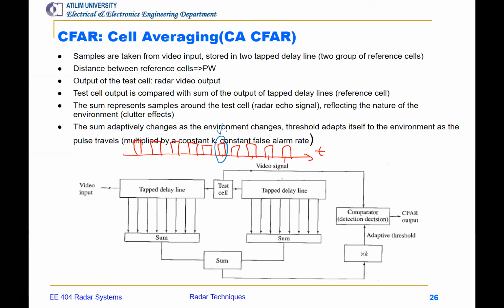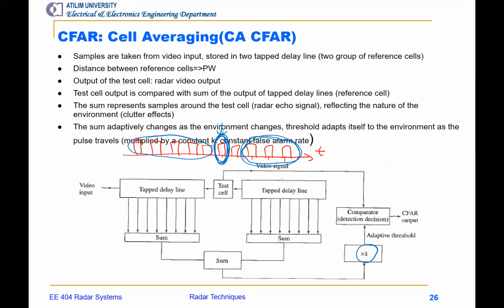In order to make a decision regarding this pulse, I consider all these pulses and these pulses, get their average, and then multiply it by a k factor that I tune, and then compare that with the test cell.